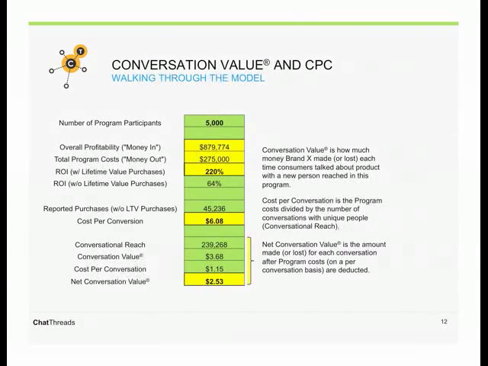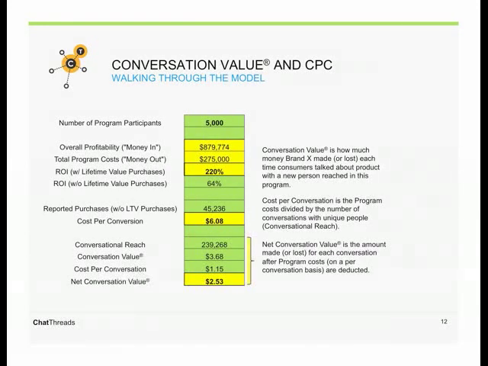When you multiply that times the number of purchases that they'll make over the course of a year, you can determine your overall profitability, or your money in. And in this case, this was a fairly gourmet pet food, so it had a fairly sizable profit margin and a higher price point, leading to $880,000 coming in that we could attribute to this program. Now, it cost $275,000.